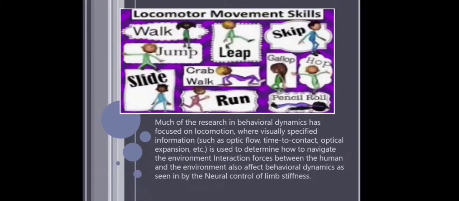So, much of the research in behavioral dynamics has focused on locomotion, where visually specified information such as optic flow, time to contact, optical expansion, etc. is used to determine how to navigate the environment. Interaction forces between the human and the environment also affect behavioral dynamics, as seen in the neural control of limb stiffness. So the example of behavioral dynamics is locomotion.